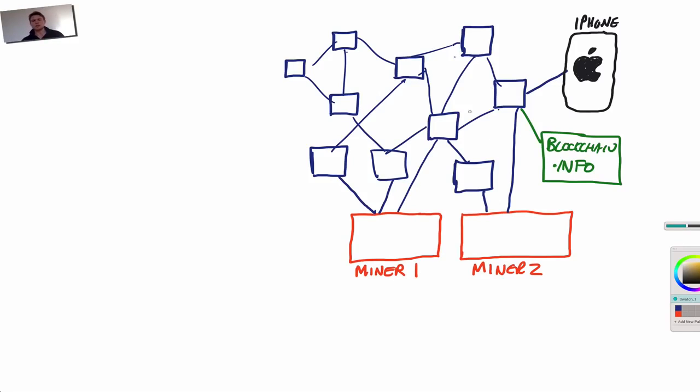I buy a cup of coffee, and I pay over the counter using my Bitcoin wallet. The transaction will first appear there, but from there that transaction will propagate all the way around the network, very quickly, in seconds, all the way around the world to every single node on the blockchain, right?